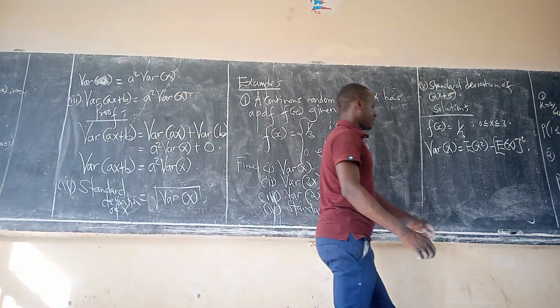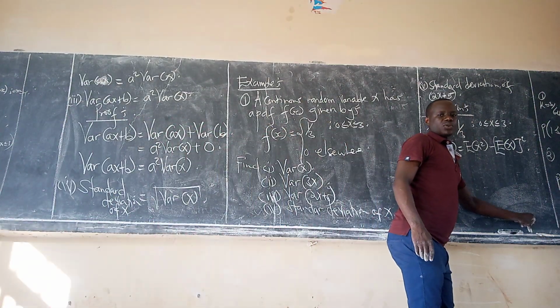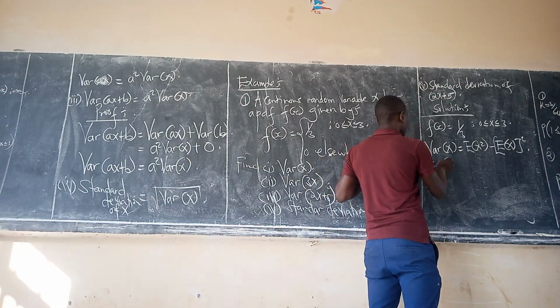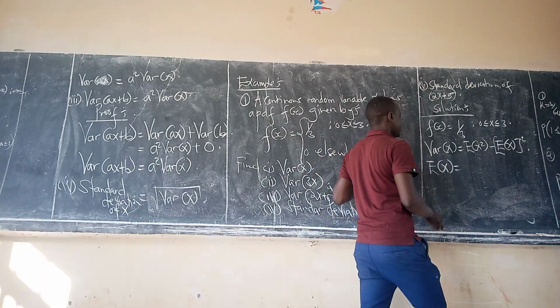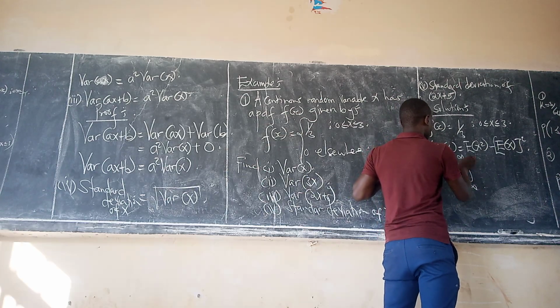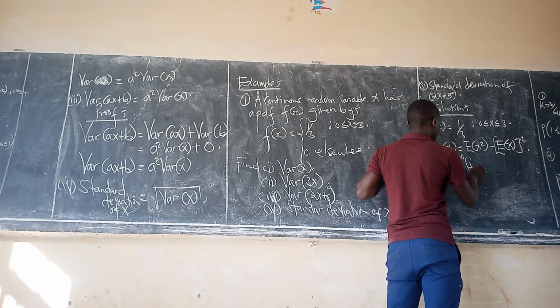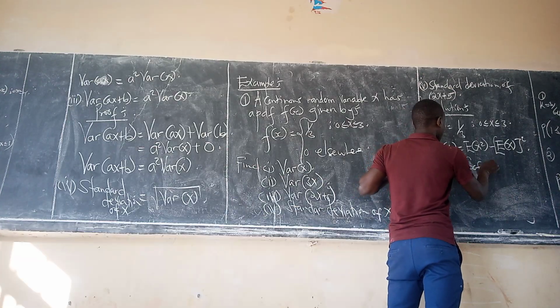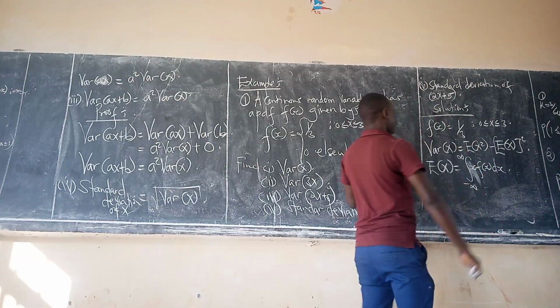We are beginning with the expectation of x. So our expectation of x is going to be the integral from negative infinity to positive infinity of x, f of x dx.